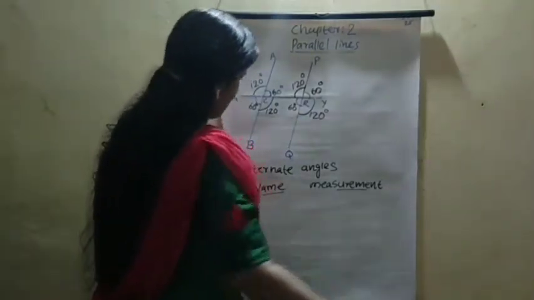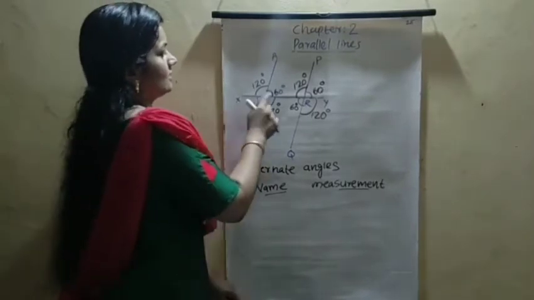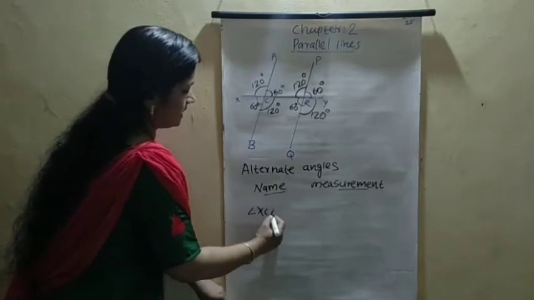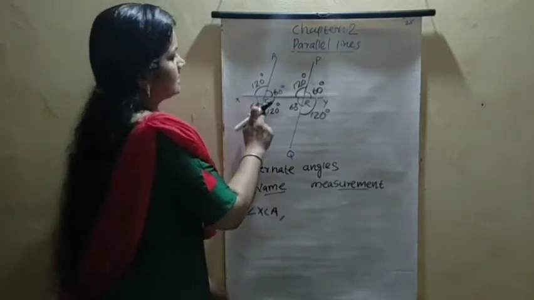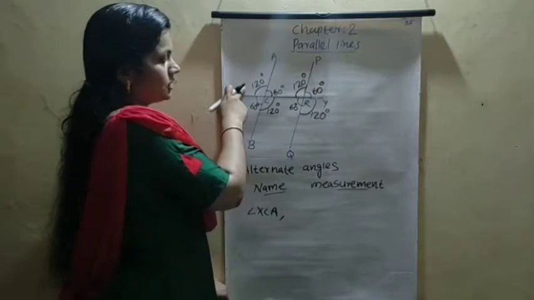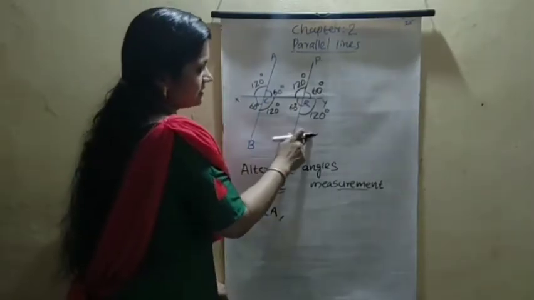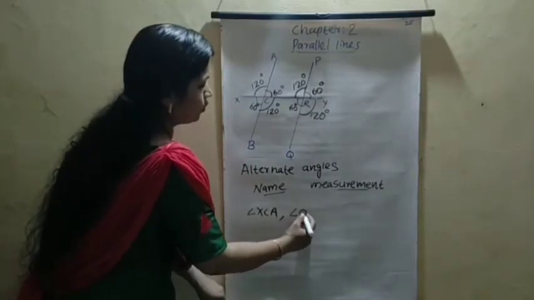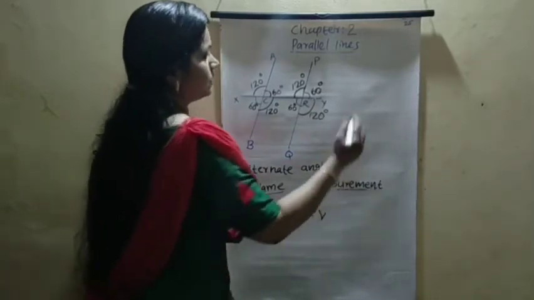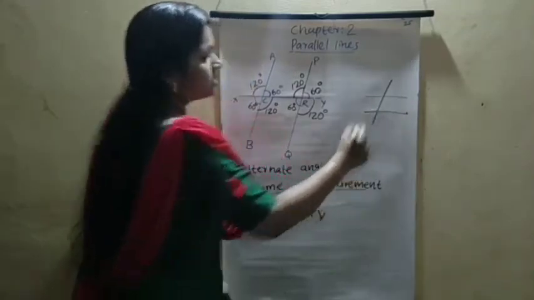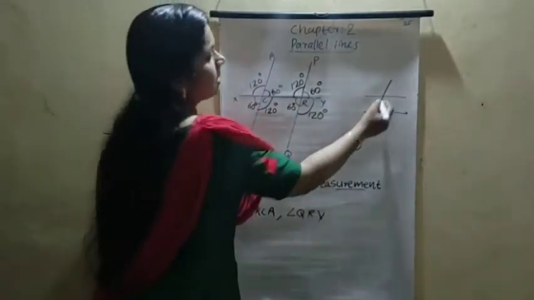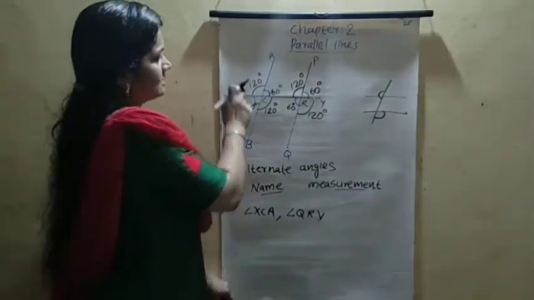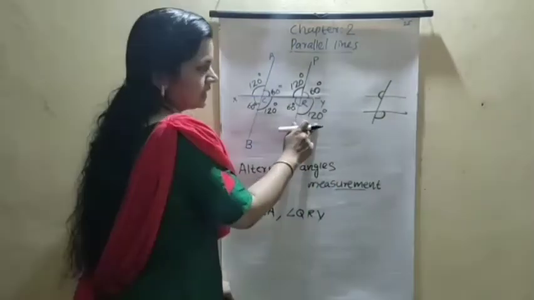Then how do we write the names? First, angle XCA. The alternate pair, the equal angle, is angle QRY. We know that these are horizontal lines. This is one pair of alternate angles, 120 degrees and 120 degrees.